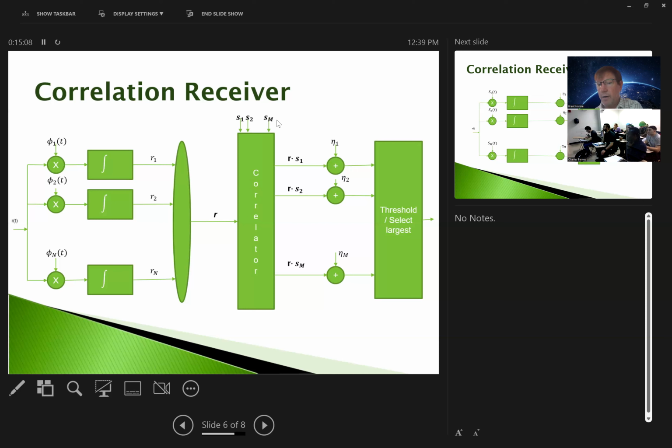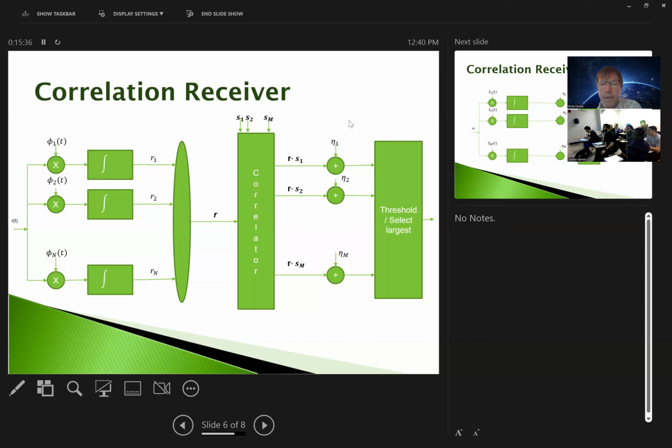The more similar they are, then the larger this value is going to be. So now this output, a dot product of two vectors, is a scalar. If you remember from your math methods or whatever, you take the dot product of two vectors, and the output is a scalar. So now we're just dealing with a voltage or an amplitude.